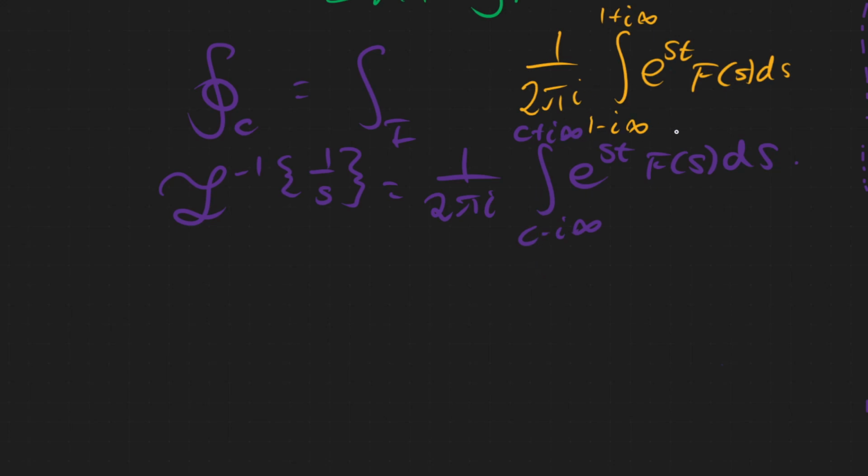We're going to be using 1 today because it's quite simple. This is just 1 over 2 pi i, integral from 1 minus i infinity to 1 plus i infinity of e to the st f of s ds.